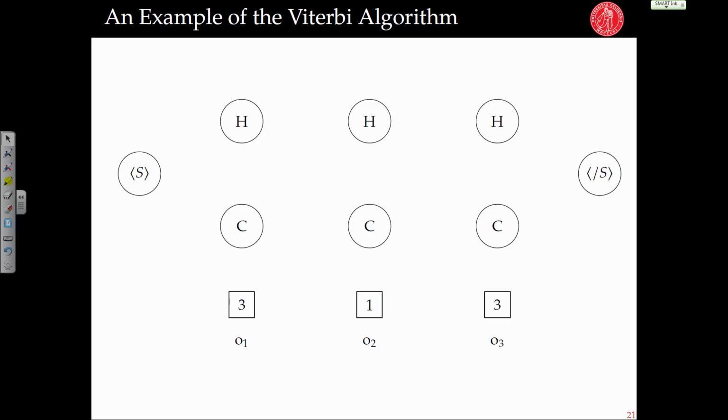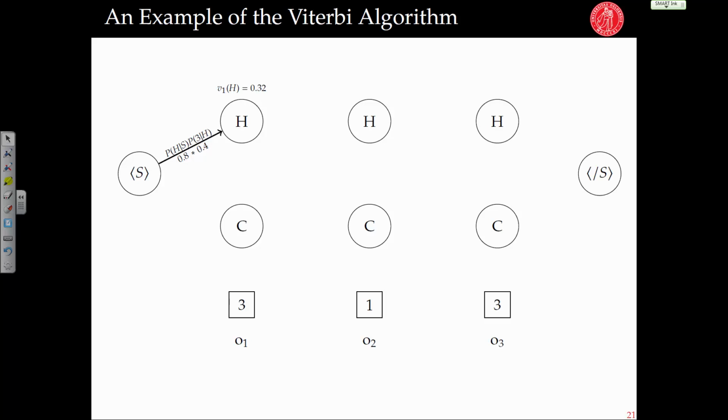So what this means is we'll start navigating this trellis, and for the first observation and the first possible hidden state, this is a trivial case. There is only one way to get from the start symbol to this hidden state. So the maximum value that you can achieve here can be found in one way only, which is multiplying the transition probability from the start symbol to a hot day, and the emission probability of 3 given a hot day.